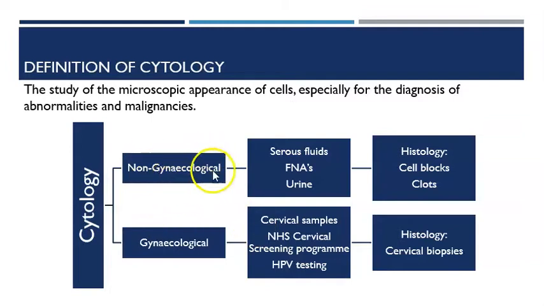And gynecological cytology tends to be centred around the NHS cervical screening programme, now moving more into human papilloma virus testing. Traditionally it was very much about looking at cytology specimens on a microscope slide and scoring them that way, but as you'll hear from Fran in a later lecture, we're now moving towards molecular testing for human papilloma virus as a first test, rather than just looking at cytology.